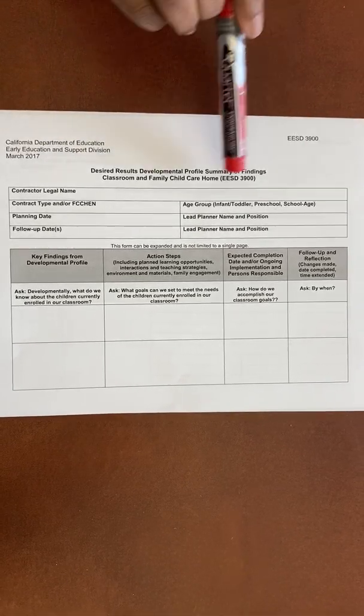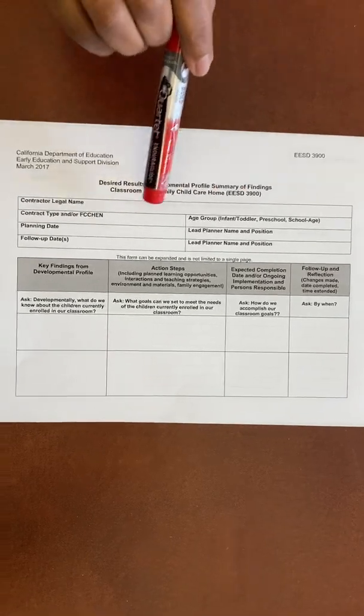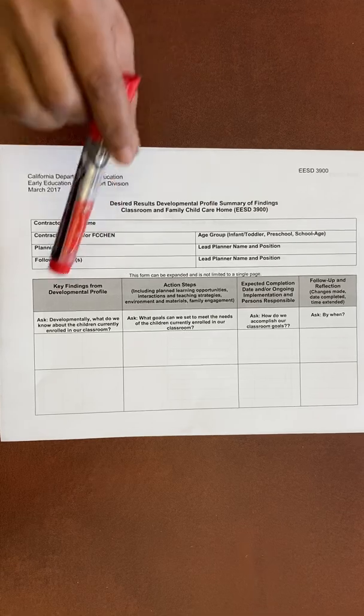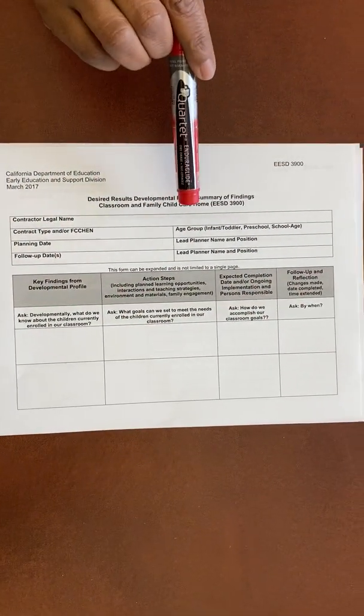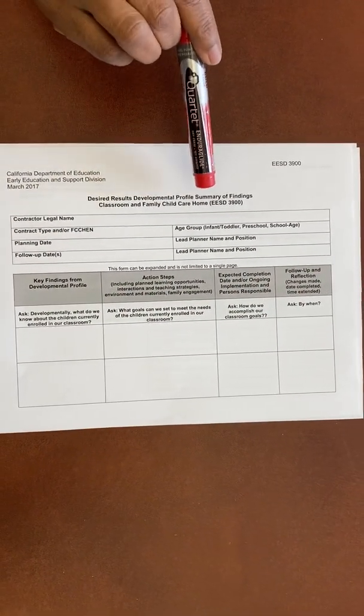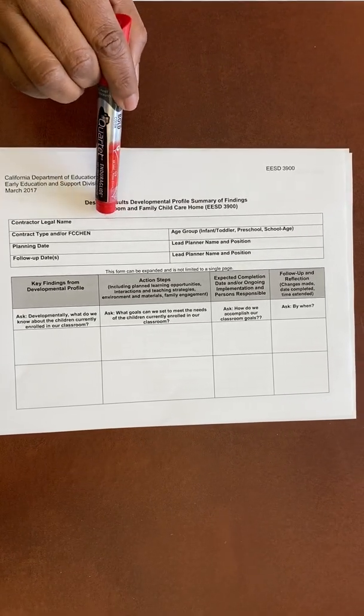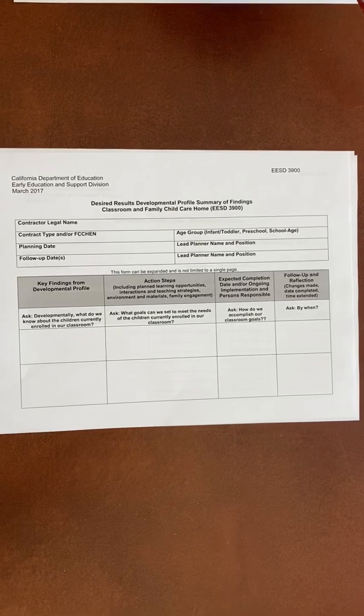If you're looking at preschool and you have 4 or 5 preschool classrooms, or you only have 1, then this could be, like I said, compiled afterwards so that the site can look at what your goals are. That is then the site one is turned in to CSB.